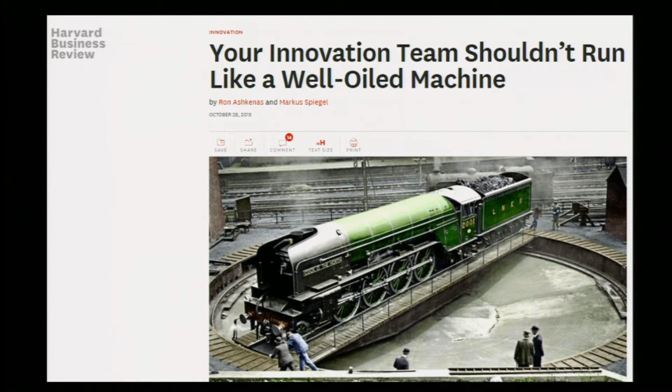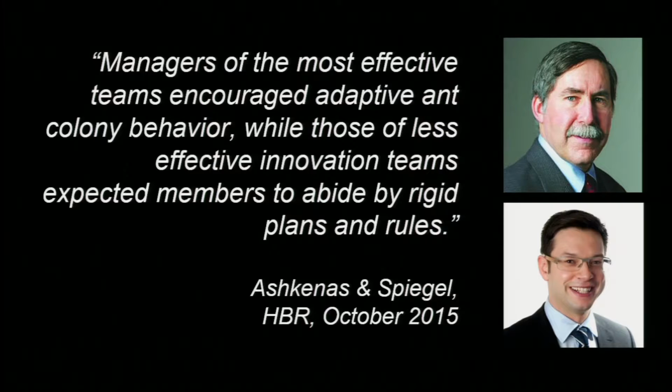The innovator is always the one asking the tough question, trying something new, doing different. So these are the 2 authors. They basically say in their study, managers of effective teams encouraged adaptive behavior. Less effective teams expected people to abide by plans and rules. Plans and rules do not create innovation.